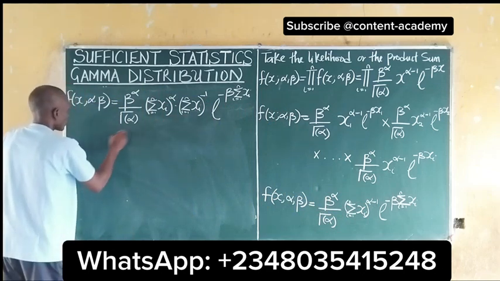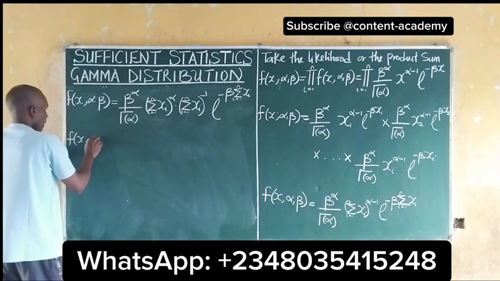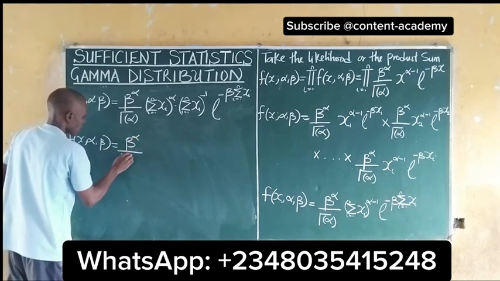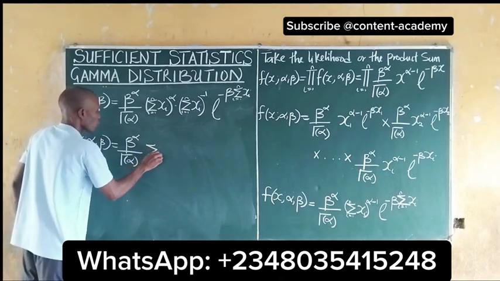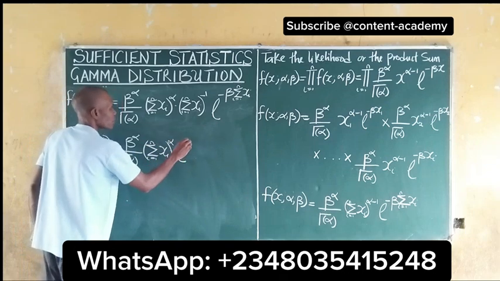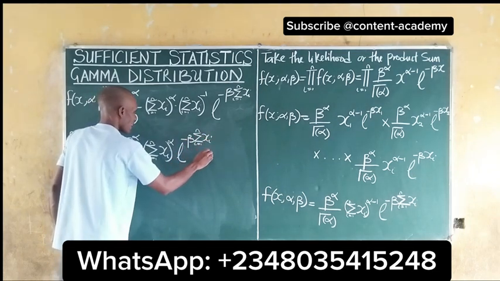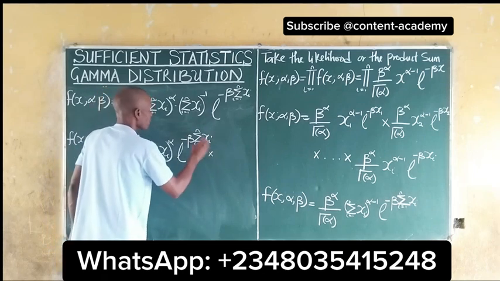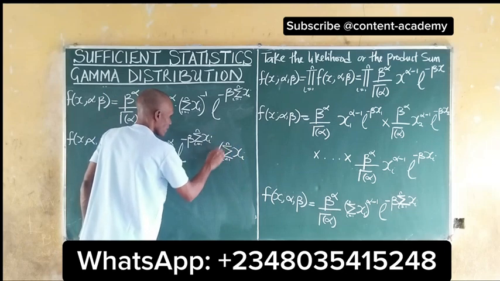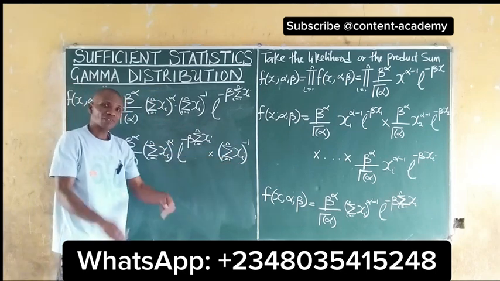This is also equal to our f of x given alpha and beta, and we bring out the product of xi's raised to negative 1, or 1 over this, if you want to write it like that.